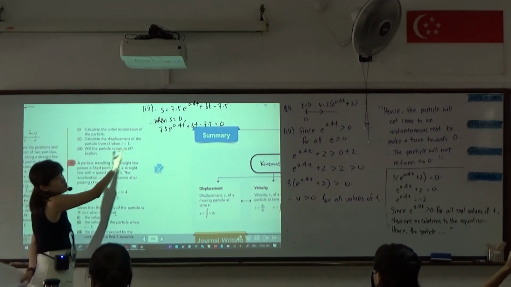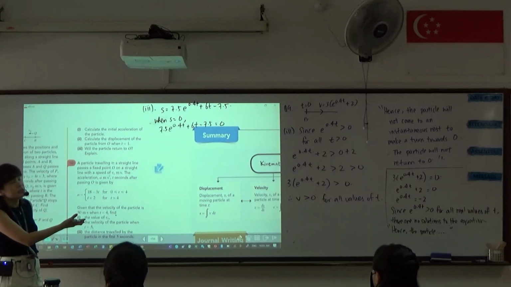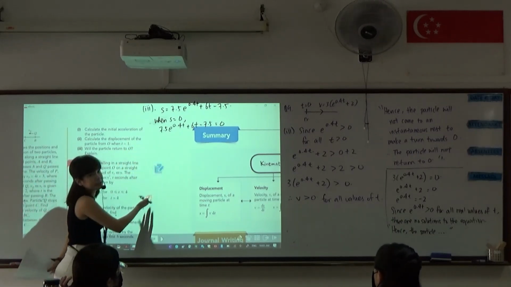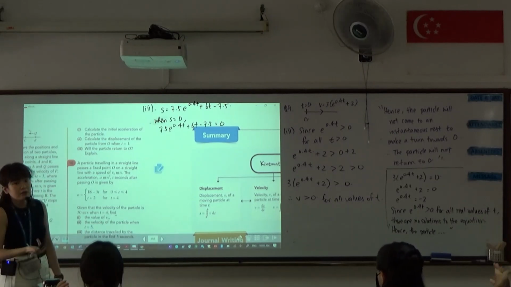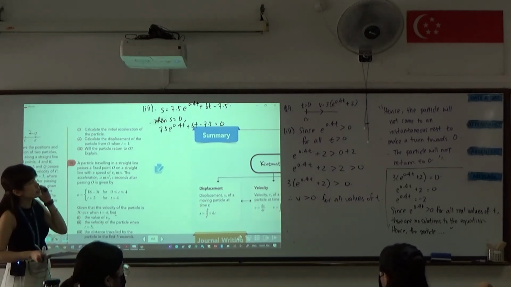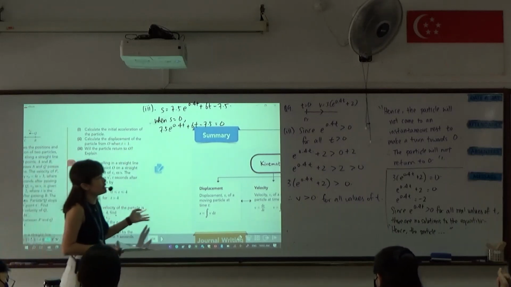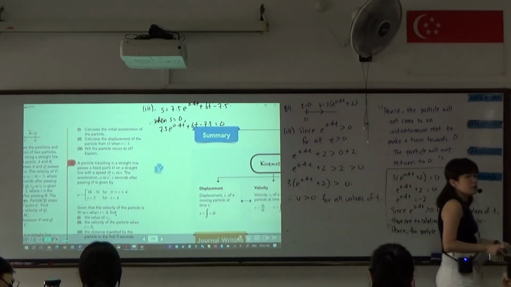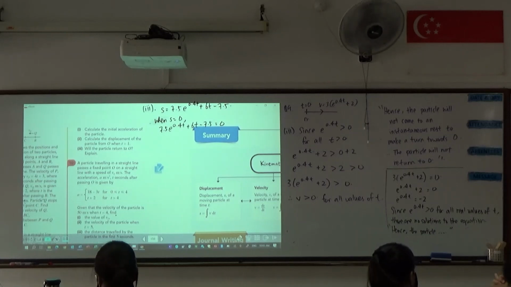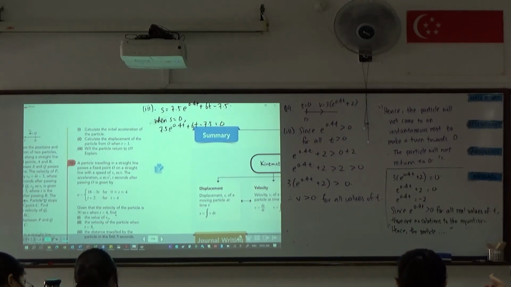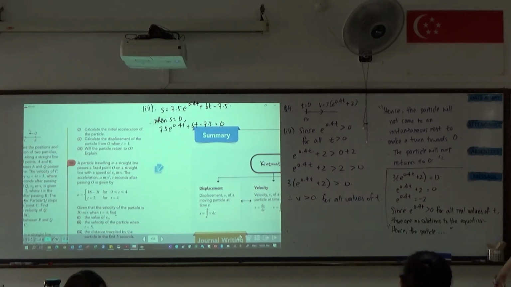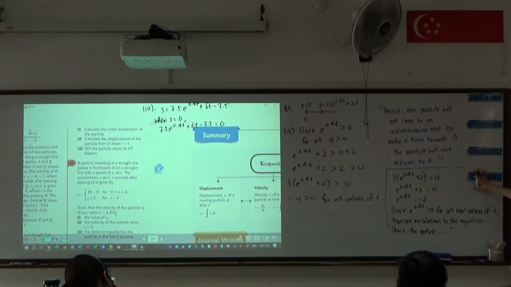So this will lead you nowhere. If you try to do it by the displacement method, there is nothing you can get out of it, so that's why this is not a valid answer. You need to tackle it by addressing the fact that there is no turning point. With no turning point, it doesn't have a chance to return in the direction of where O lies, and hence it will never return to O. So you need to address it based on the velocity instead of looking at the displacement itself.